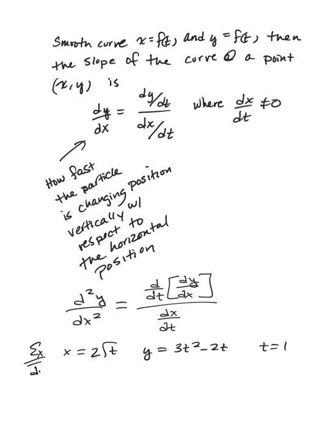So first, dy/dx is going to be dy/dt over dx/dt. Well, dy/dt is 6t minus 2. dx/dt is, you would bring down the 1/2 times 2 and subtract off 1, right?